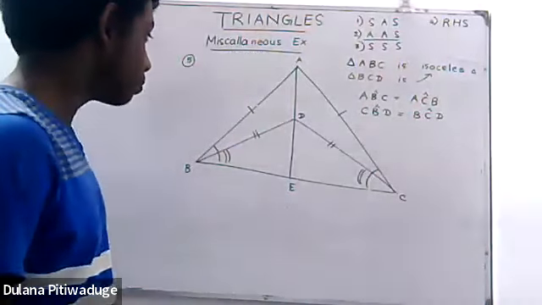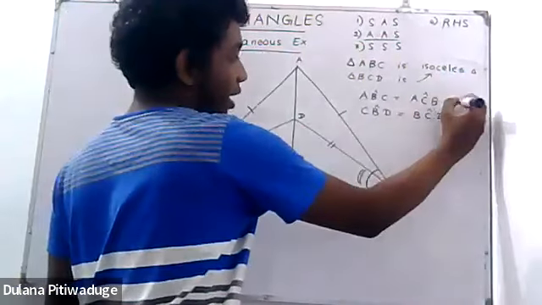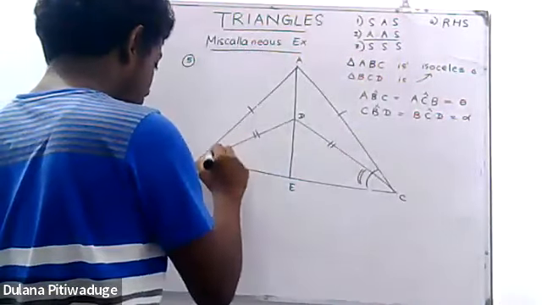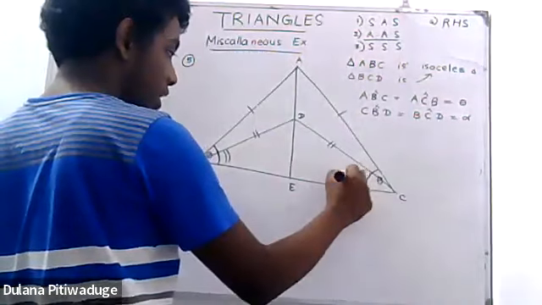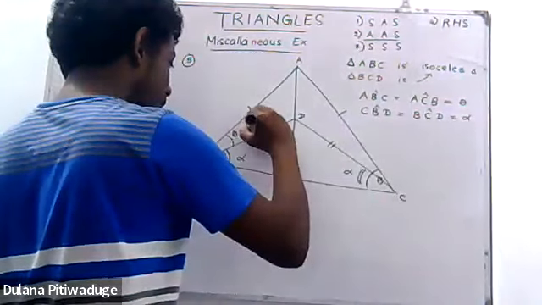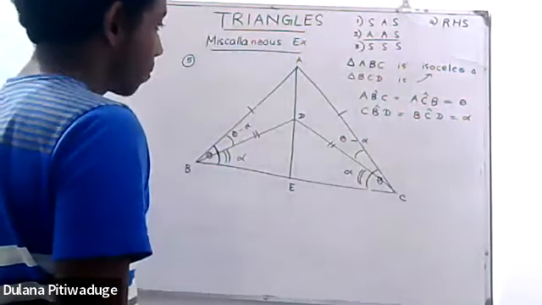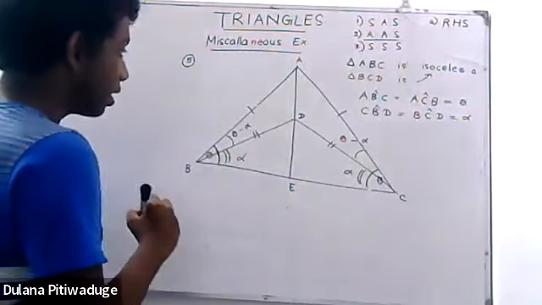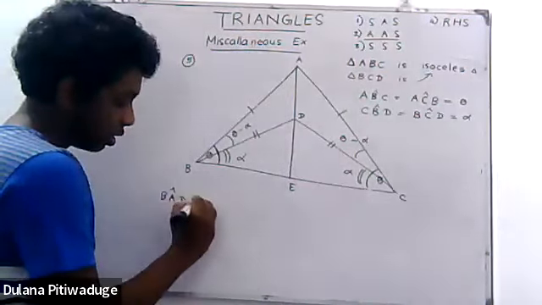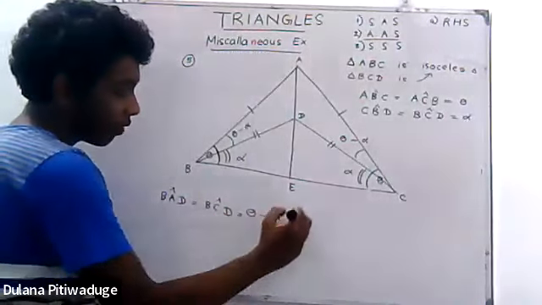Now, if we consider this whole angle as theta and this small angle as alpha, this angle over here is theta minus alpha. Similarly, here it's theta minus alpha. Therefore, angle BAD is equal to angle BCD is equal to theta minus alpha.